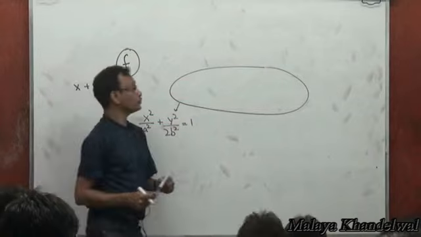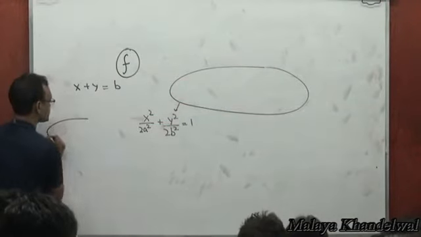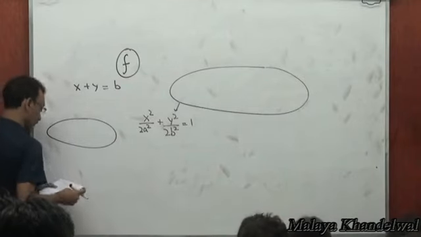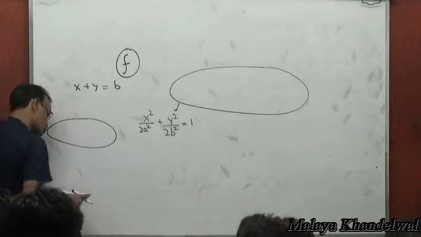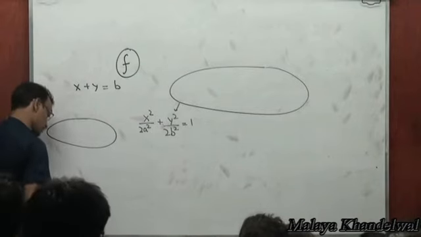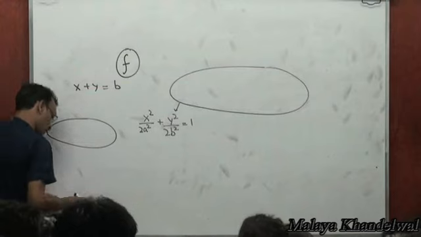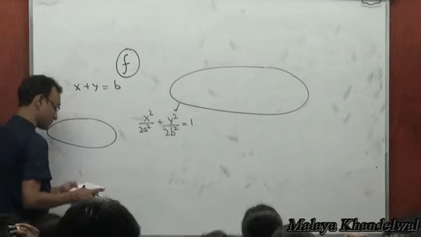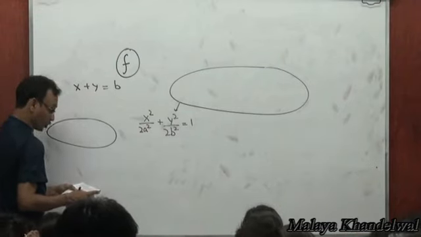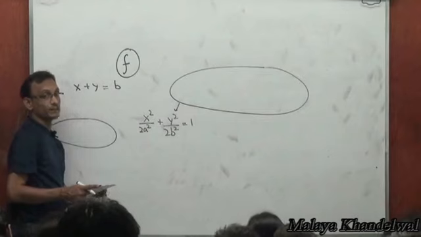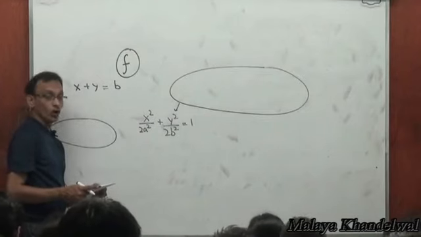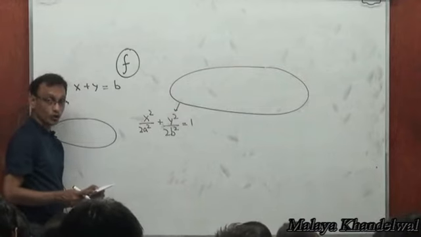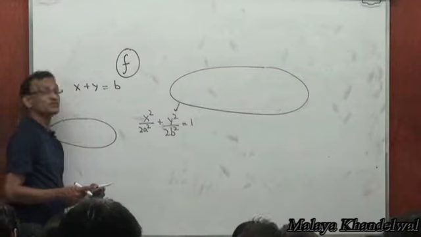We want to find the condition so that two distinct chords are bisected by x plus y equal to b, given that the chords pass through a comma minus b. Two distinct chords could be drawn that are bisected by x plus y equal to b.